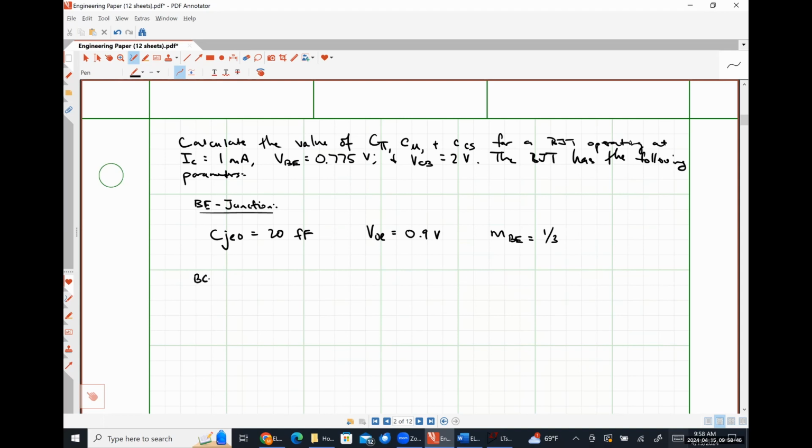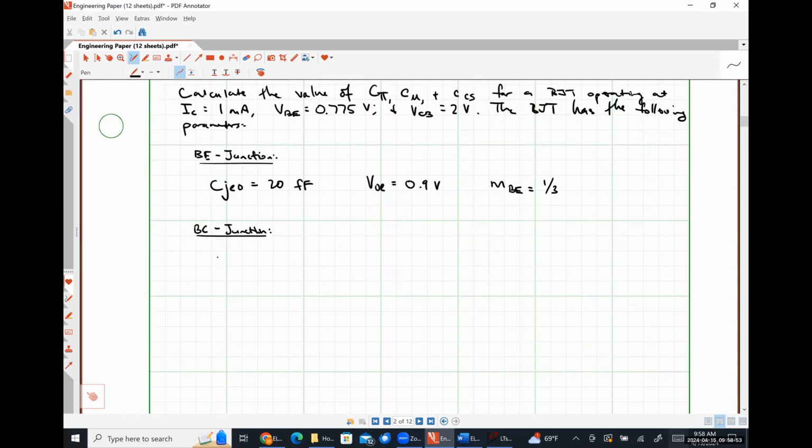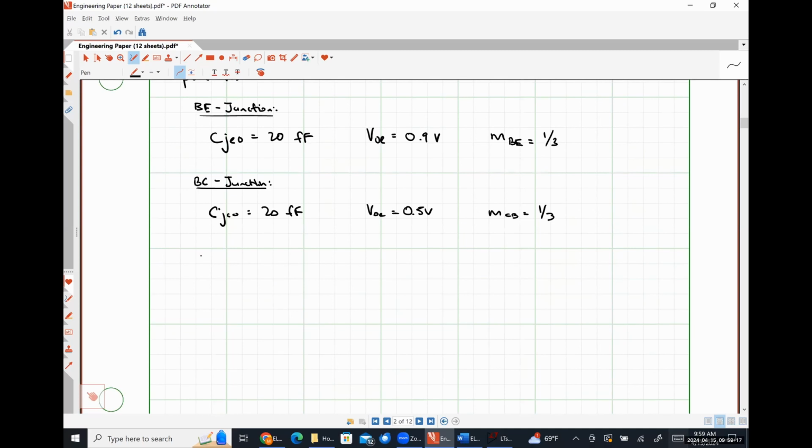For our base collector junction, we'll have CJC naught, 20 femtofarads. V naught C in this case will be 0.5 volts. And we have a grading coefficient of 1/3. And lastly, the collector substrate junction.